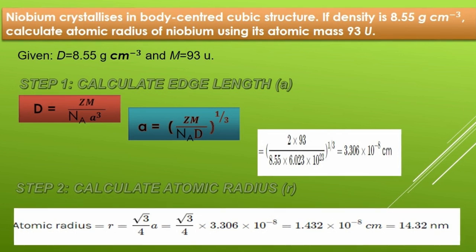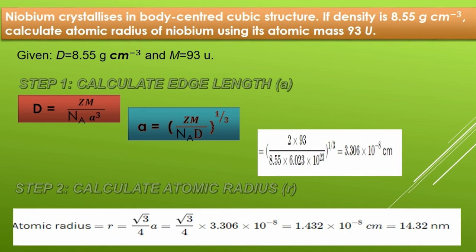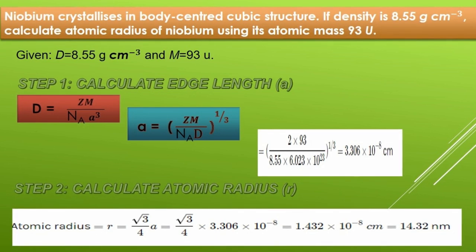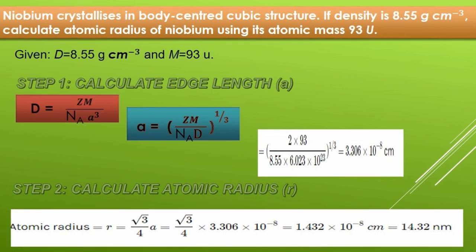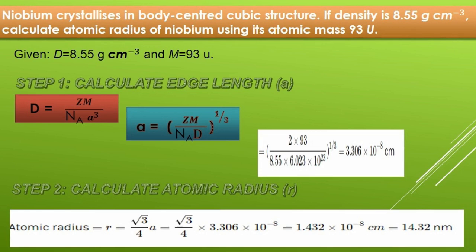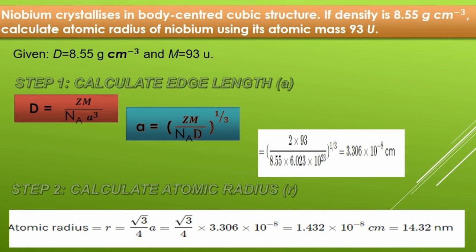So, first step, you will calculate its edge length a. We know density is equal to Z M by a cube into Na. So, a will be equal to Z M by D into Na, whole to the power of 1 by 3. So, substitute the value of Z as 2, because we know the number of atoms present in BCC is equal to 2.